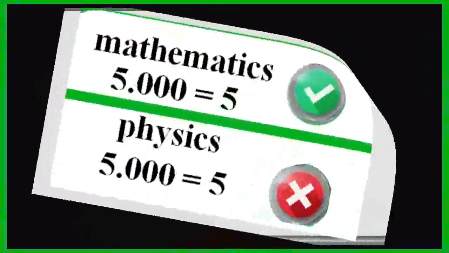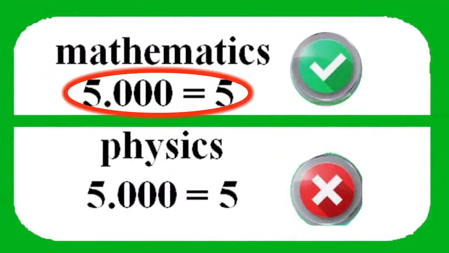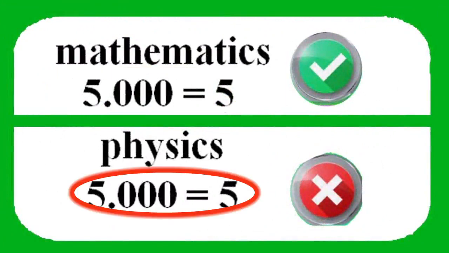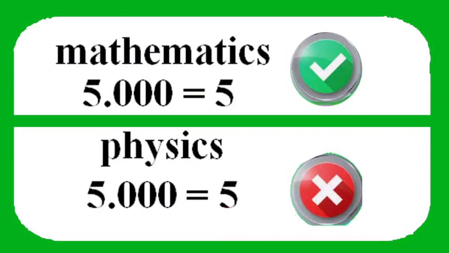Attention! In mathematics, 5.000 equals 5. But this is not the case in physics. We examine this issue in the section on measurement accuracy and errors.